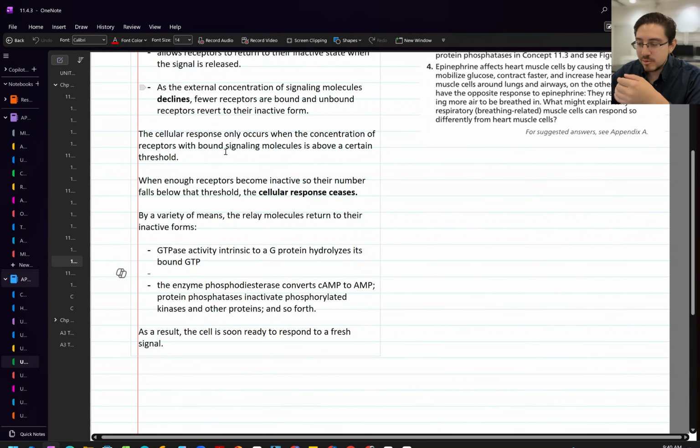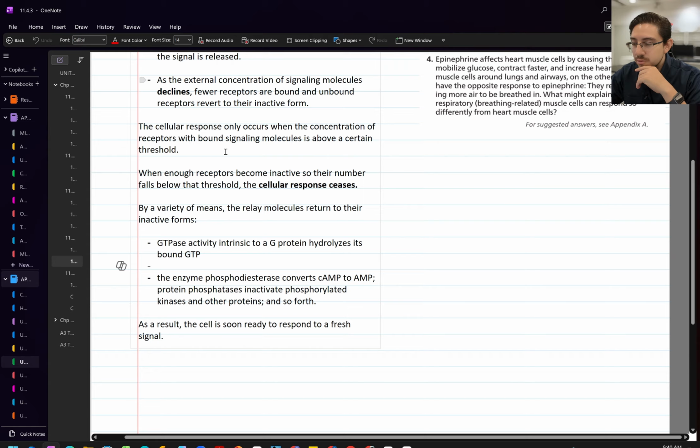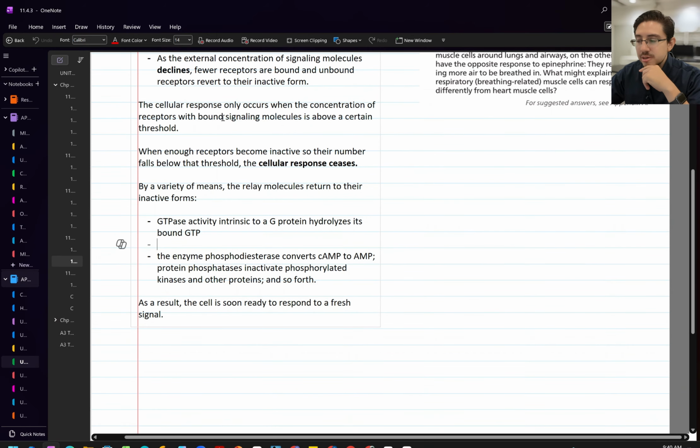Some toxins are pretty much like that. And then of course, as the concentration of the signaling molecules, the ligands, decreases, there are fewer active receptors, and you start to have a play between active and inactive forms of these receptor proteins.